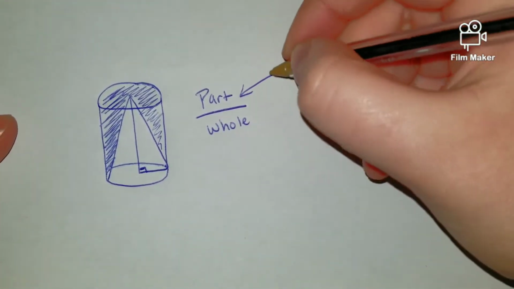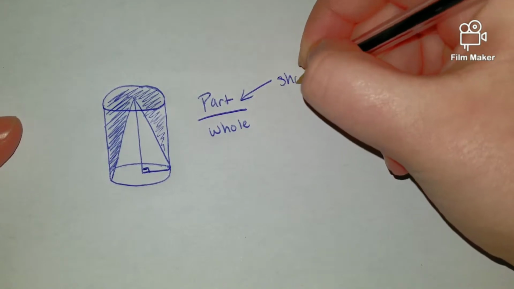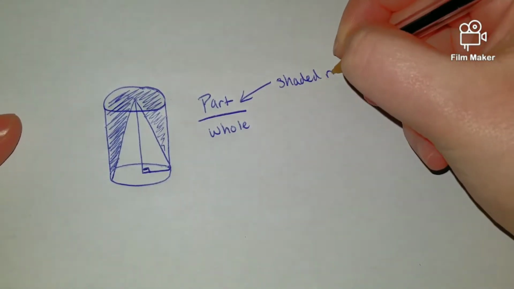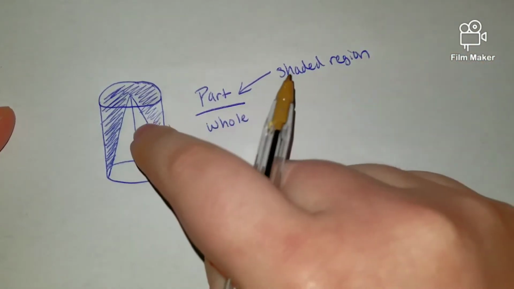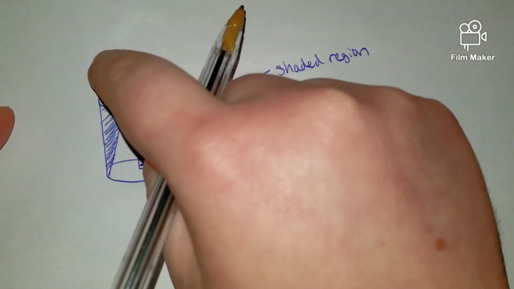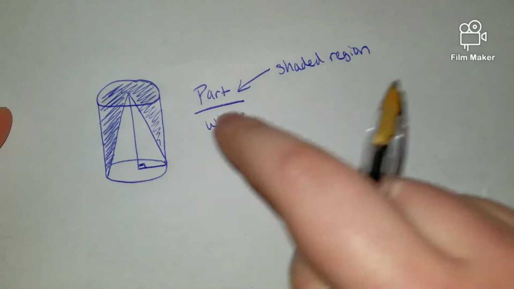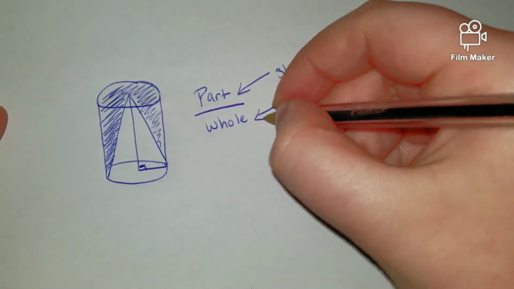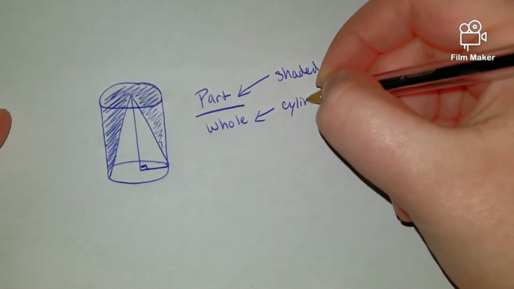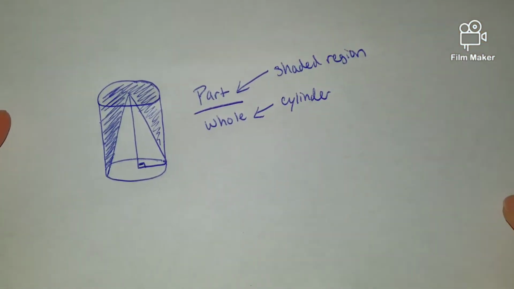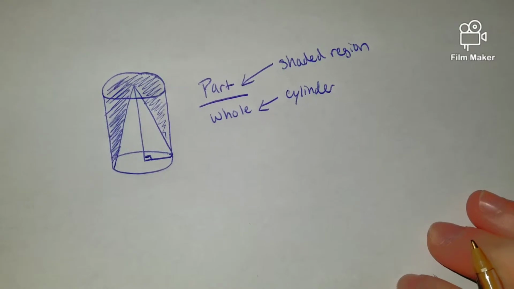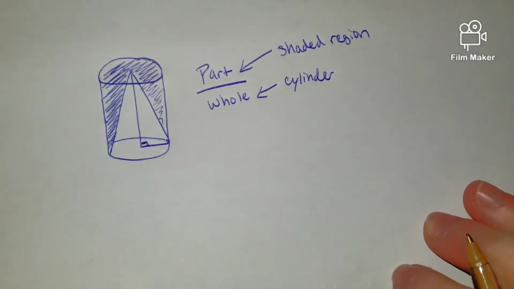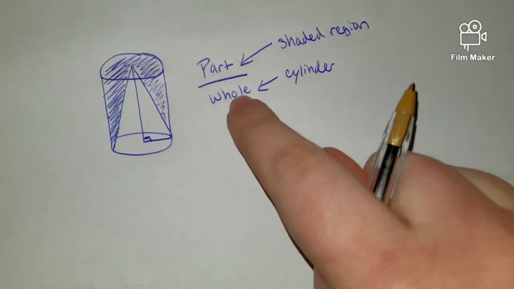So I'm going to call this the shaded region. And since we're finding the shaded region of the entire cylinder, we know that in this case, the whole is the entire cylinder. Now that we have this figured out, we can start putting together an expression using this setup.